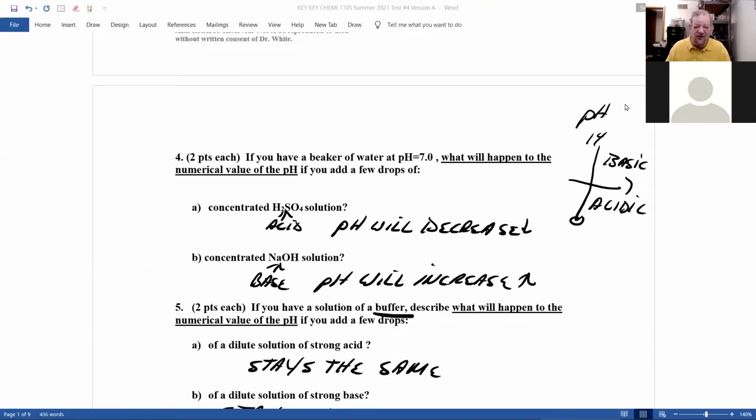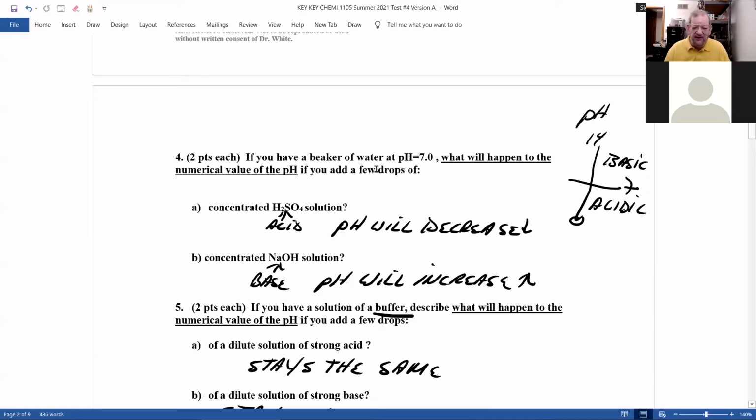All right, let's look at problem 4. Here's the pH scale you should know. 0 to 14, below 7, acidic, above 7 basic, at 7 neutral. All right.